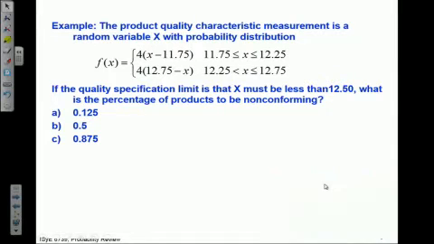I'll give you a minute or two to see if we can solve it. Fairly simple example. I'll walk around. If you have any questions, ask me, okay?